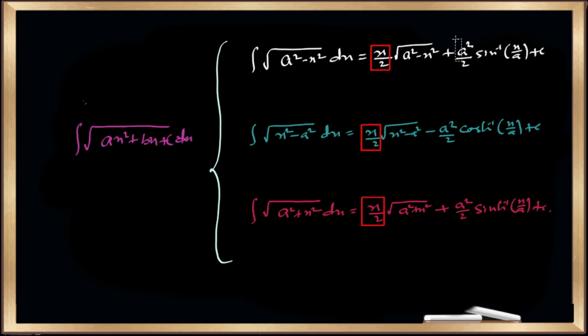Then the second term is a square by 2 in each case. Only for cosh inverse it is minus, the remaining two are positive. 1 by root over a square minus x square gives sine inverse, so this one also has sine inverse. 1 by root over x square minus a square gives cosh inverse, so here also cosh inverse will come. 1 by root over a square plus x square gives sinh inverse, therefore here also sinh inverse of x by a will come.